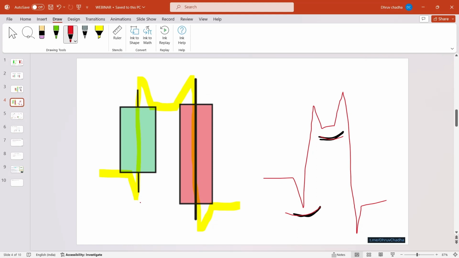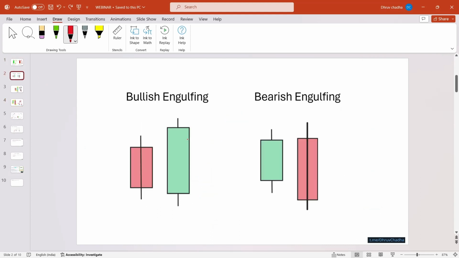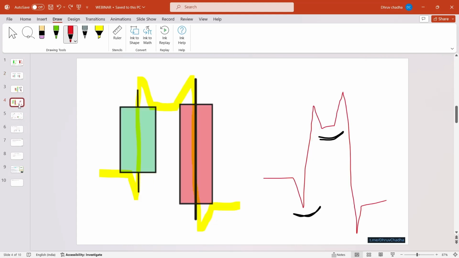It signifies that a sell momentum is coming into the market, right? Okay, so this is all about combining OHLC with the bullish engulfing and bearish engulfing pattern. And what does it signify to us?